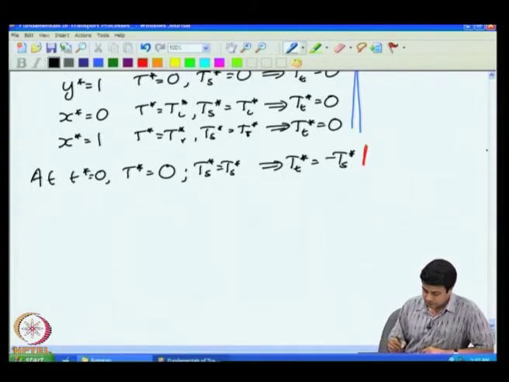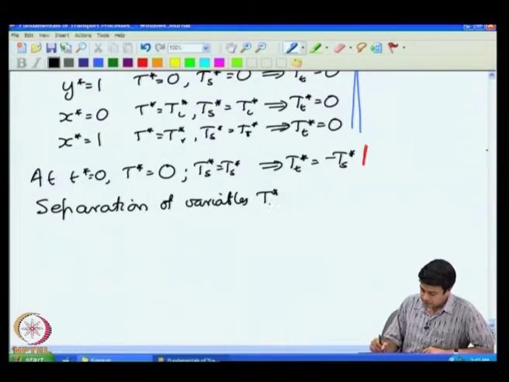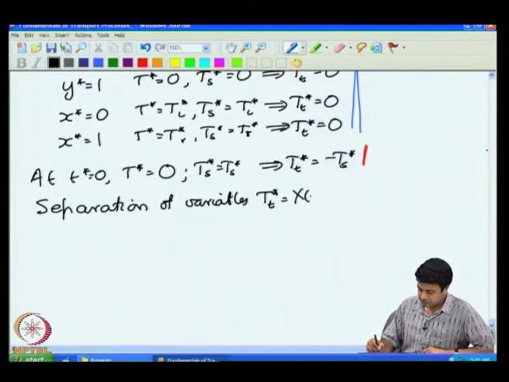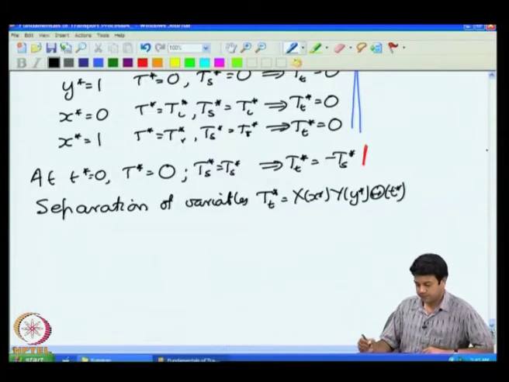So, separation of variables. T star transient is equal to some function of x, some function of y, and some function of time, an additional function of time, which I will call theta of t.